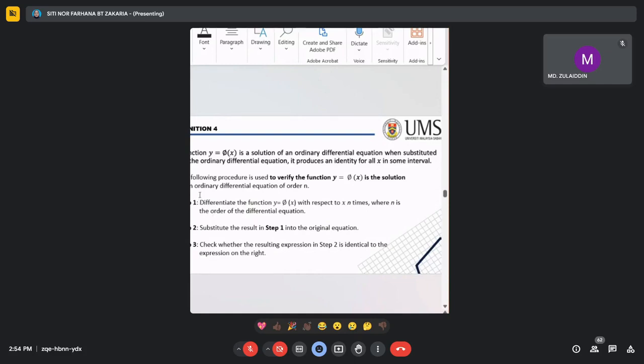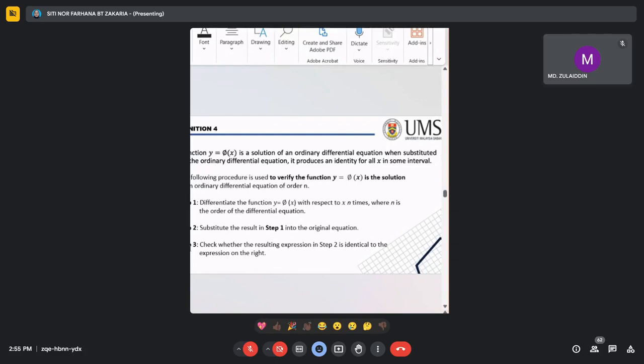If they give you a DE, then you need to differentiate the function with respect to x n times, where n is the order of the differential equation, and then substitute the result in step 1 into the original equation. Check whether the result expressed in step 2 is identical to the expression on the right. This is to check whether the function is correct or belongs to that DE.